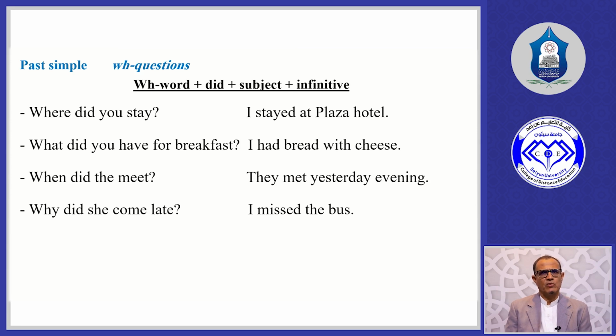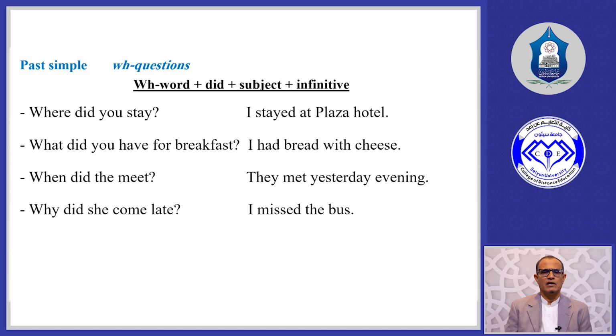But in the answer, we have to use the past form because there is no did. So you would say, where did you stay? I stayed at Plaza Hotel. What did you have for breakfast? I had bread with cheese. When did they meet? They met yesterday evening. Why did she come late? She said, I missed the bus.